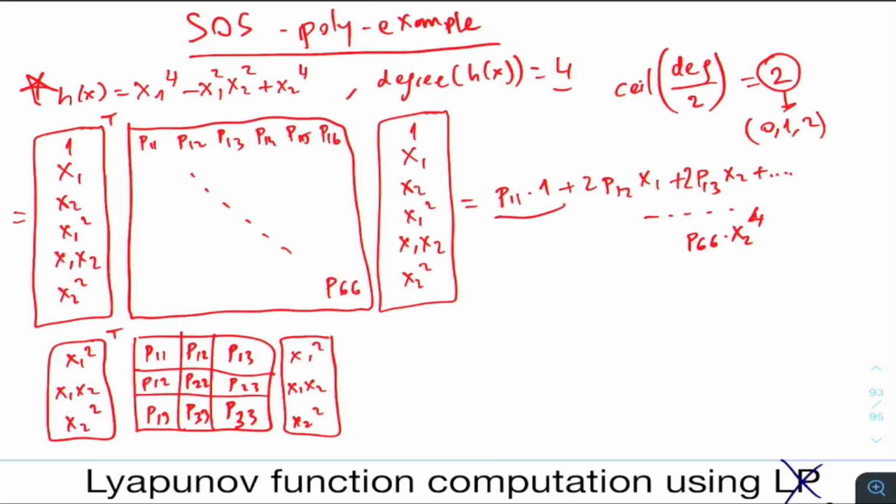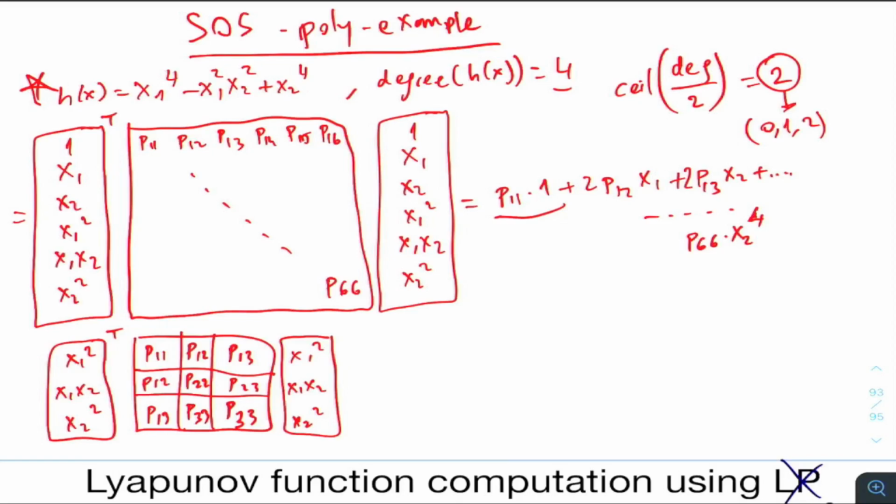And then 2 times, because it's symmetric, 2 times P12 times x1. Actually, again, it's x1 times 1, because this is the 1 comma 2 entry, the first and second entries. That's why the terms are 1 times x1.